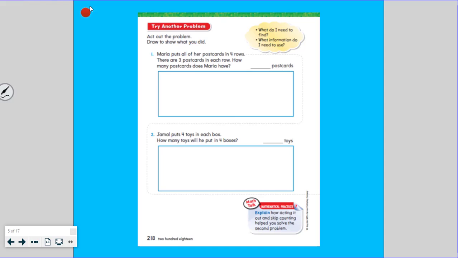Okay, so I've got my counters up here, and so I know that I need 4 rows. So what I'm going to do, and you could do this on your whiteboard, is write 1, 2, 3, 4, because that's going to help me remember the rows. And there are 3 postcards in each row.